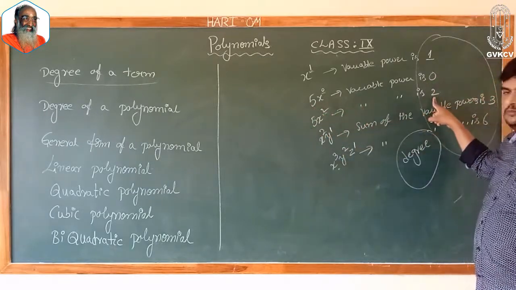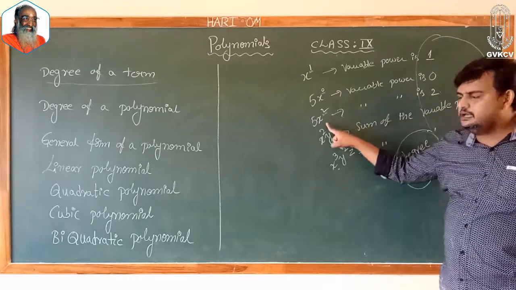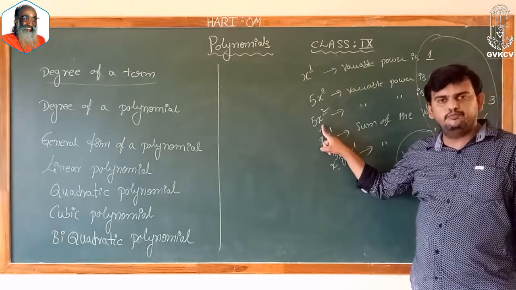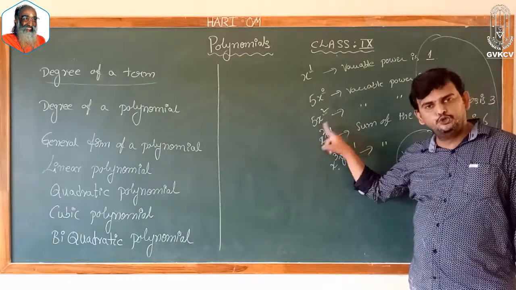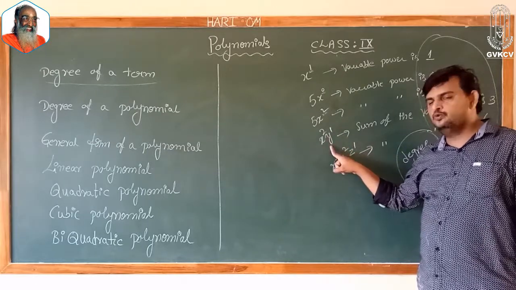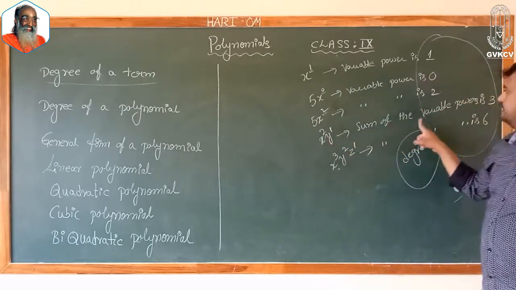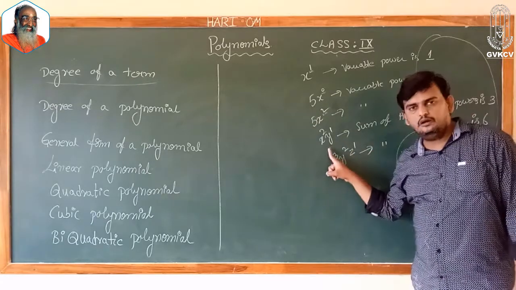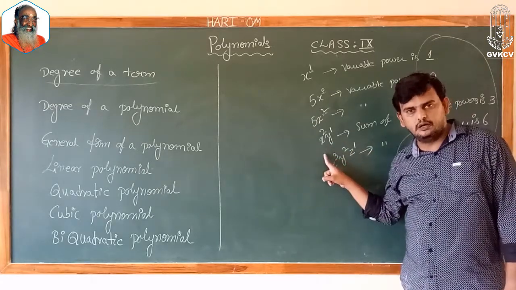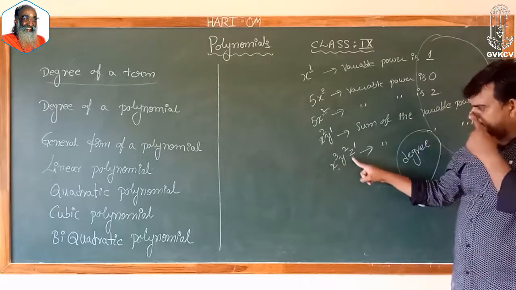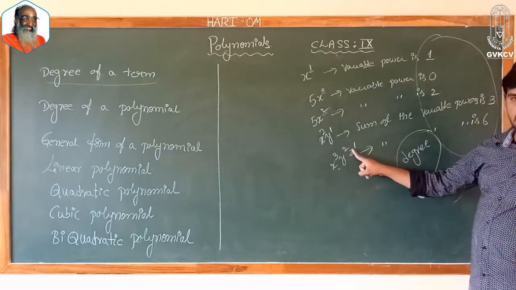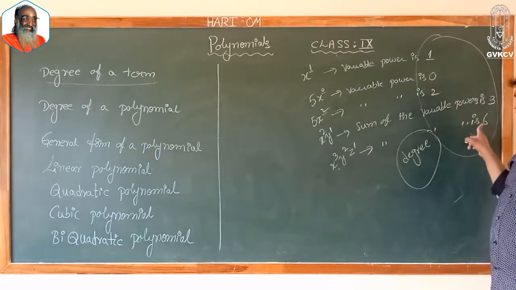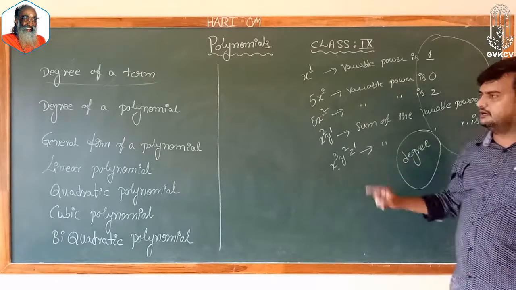Here the variable power is 2, so the degree of this term is 2. X square into y: the sum of the variable powers is 3, and this 3 is the degree of this term. X cube y square z: the sum of the variable powers is 6, and this 6 is the degree.